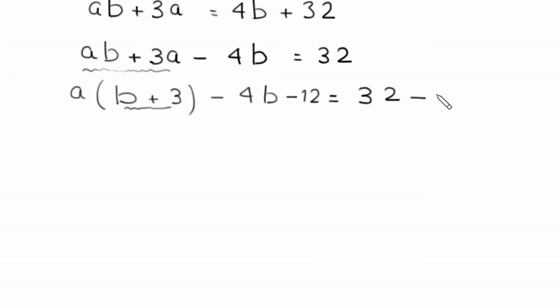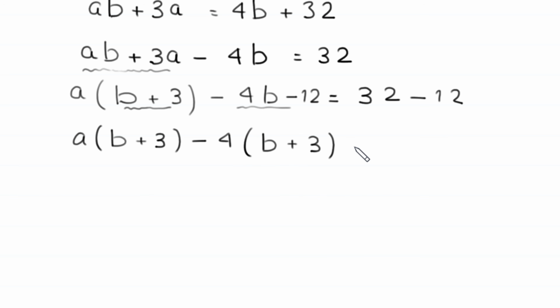From right hand side we subtract 12. So this will become a times (b plus 3). From these two terms we can factor out negative 4. In bracket left, b plus 3 equal to 32 minus 12, 20.